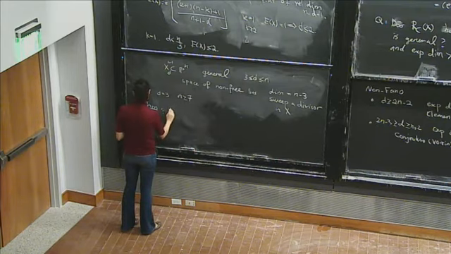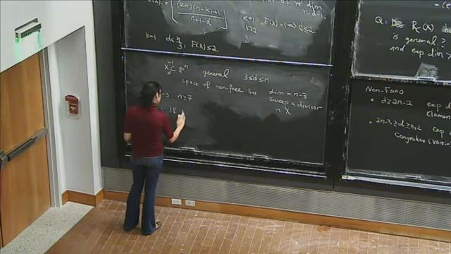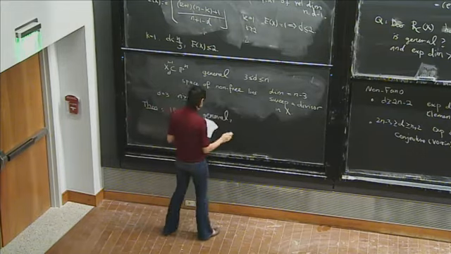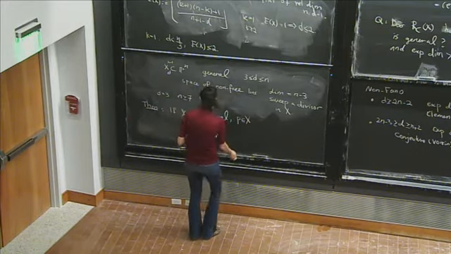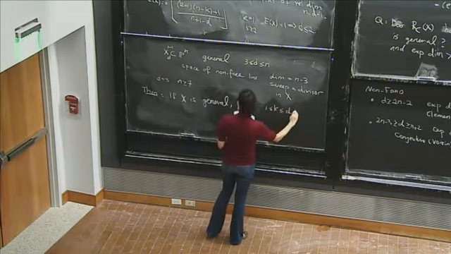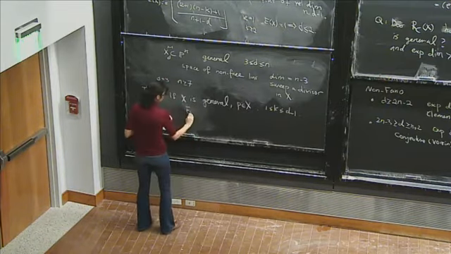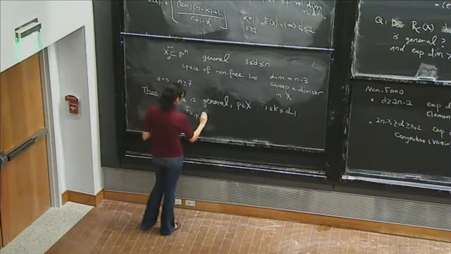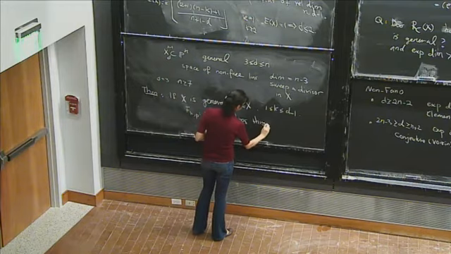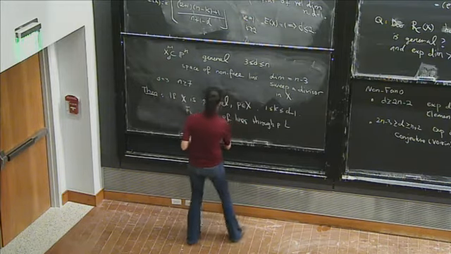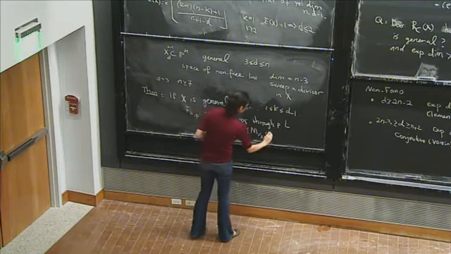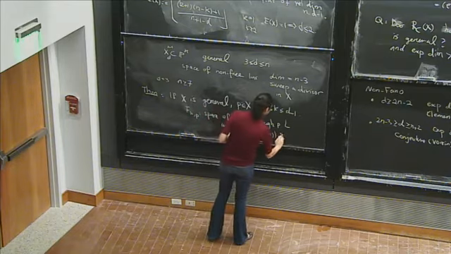If X is general, and P in X is an arbitrary point, and k a number between 1 and d minus 1, then let F sub k,P be the space of lines through P which are non-free, with H1 of the normal bundle tensor O(-1) of dimension greater than or equal to k.